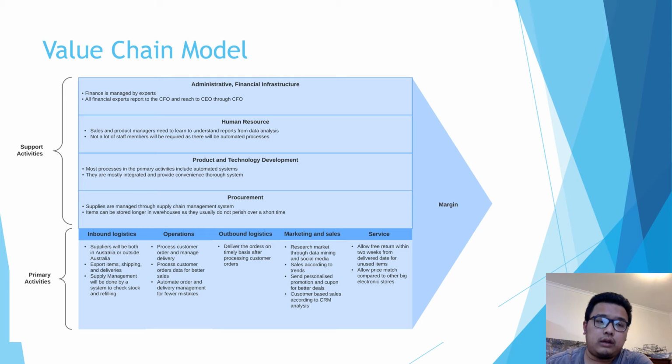In order to support all of the activities, we have CRM, the Customer Relationship Management system, to understand our customers, what we lack, and what we can support them with better for customer satisfaction. We'll also have supply chain management to manage inbound and outbound logistics, to track delivery and to make sure that our items will not go out of stock, so there will be no inconvenience for our customers.